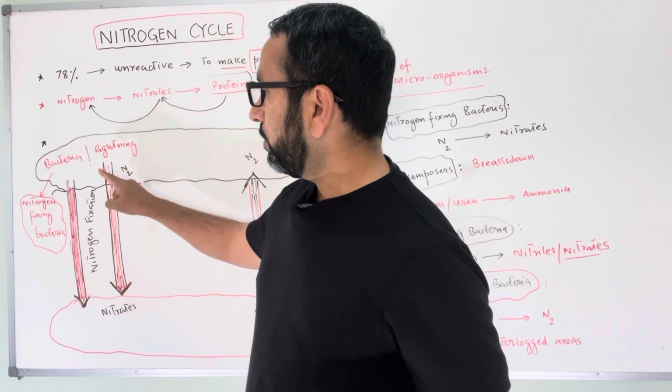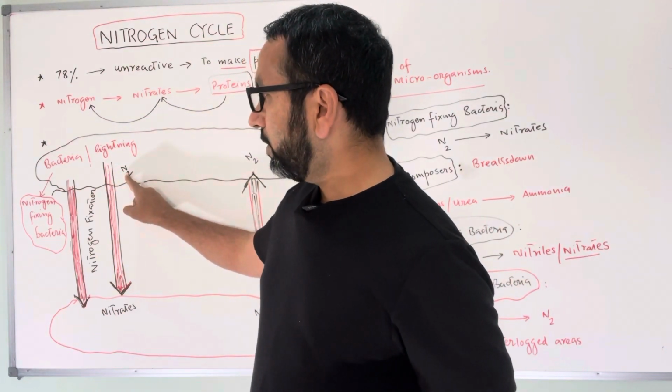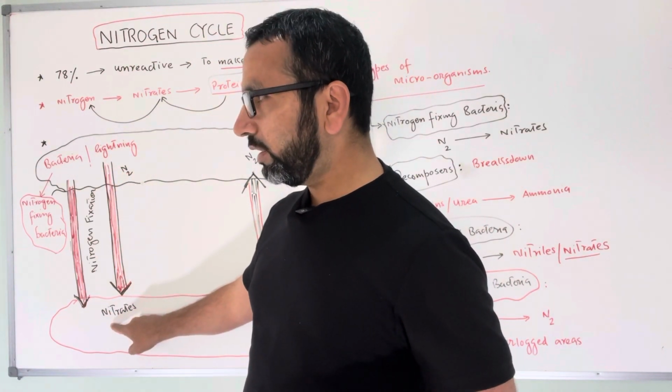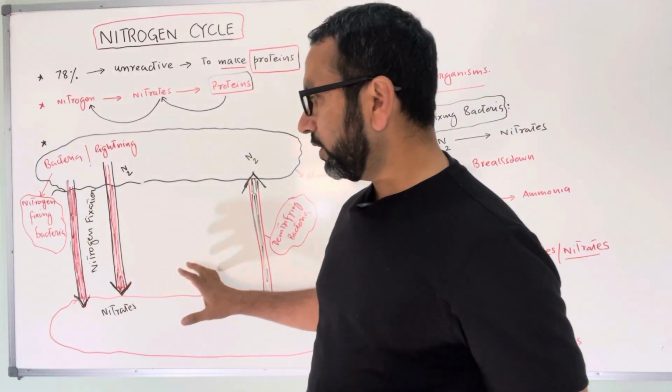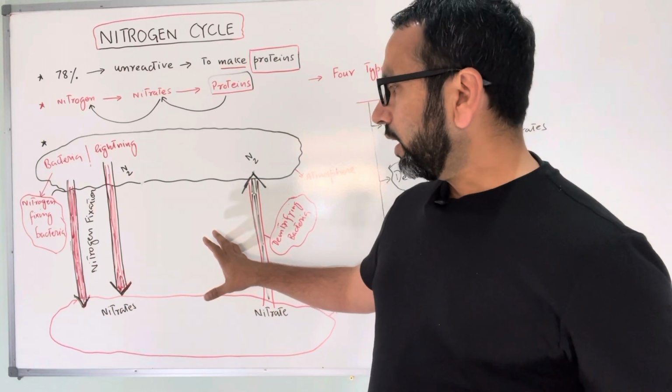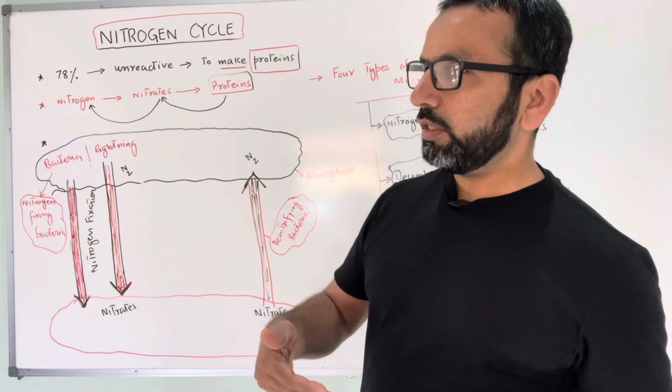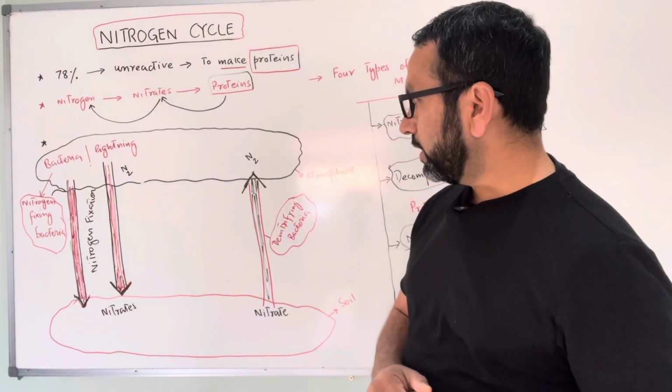So from the atmosphere, nitrogen element is fixed into nitrates, and from nitrates it goes into the body of plants, and then from plants it goes into animals.